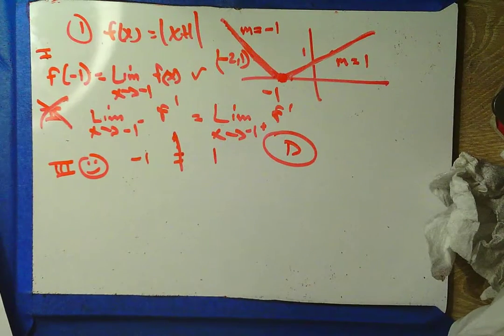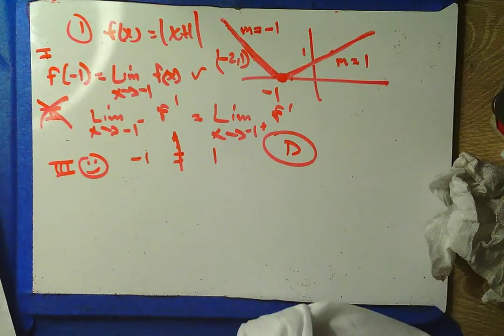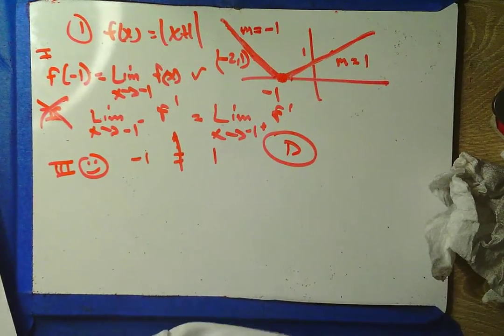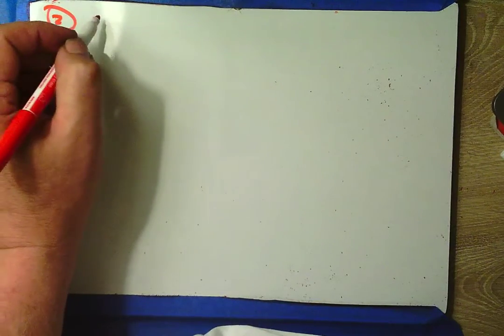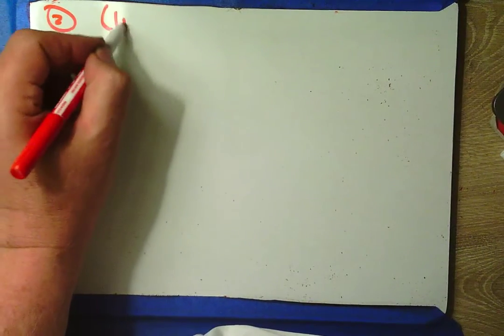Okay, 2 is also multiple choice. The line normal to the graph of f of x at 1, 2 passes through this other point. Wow, there's a lot of information here. I'm going to erase and start fresh. Okay, number 2. The normal to the graph of f at 1, 2.